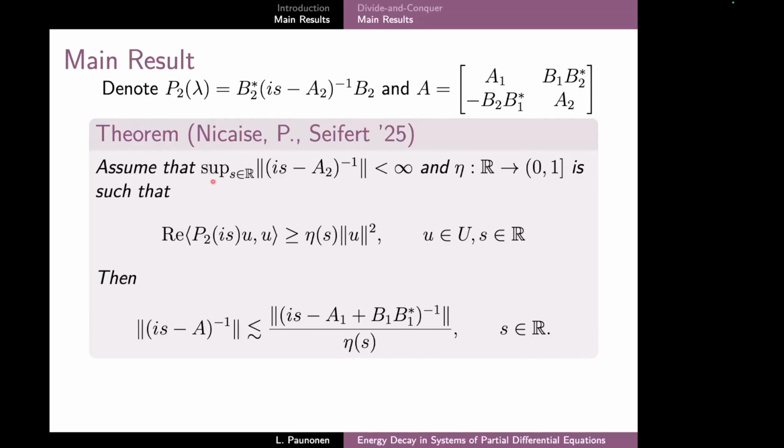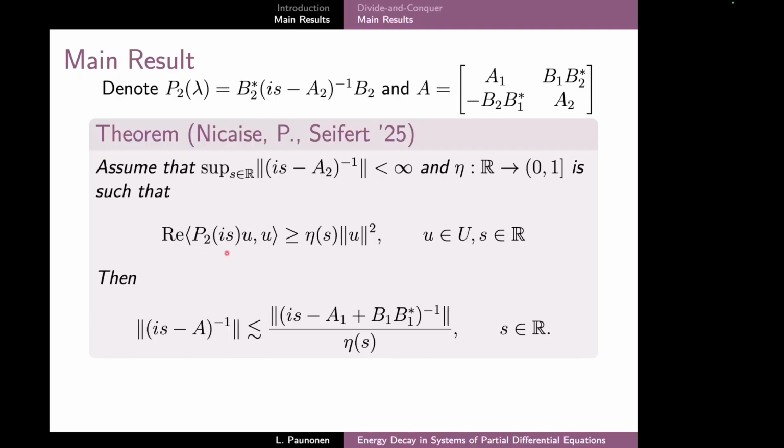We assume that system 2 is stable in the sense that the resolvent norm of A2 is uniformly bounded on the imaginary axis. And from the transfer function of system 2, we assume that the real parts of this transfer function are bounded from below by positive numbers on the imaginary axis in this sense shown here.